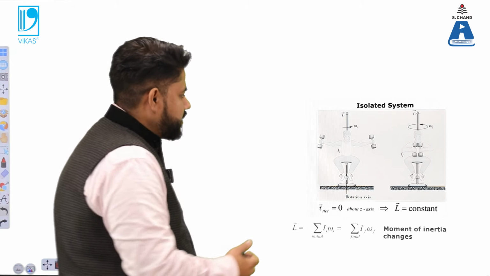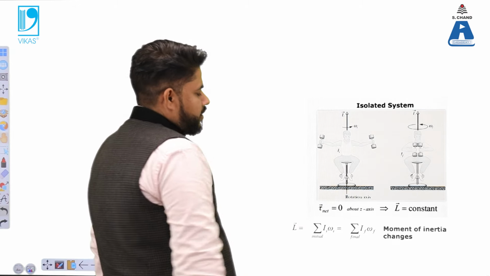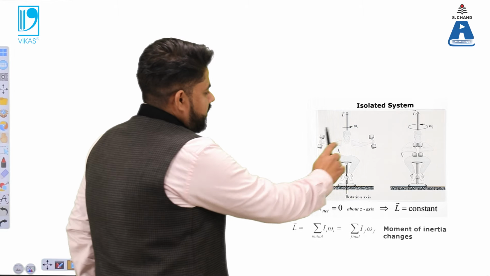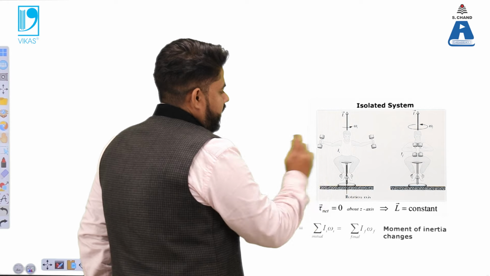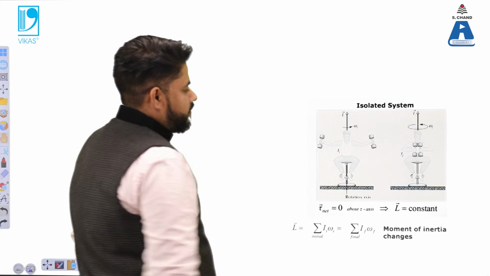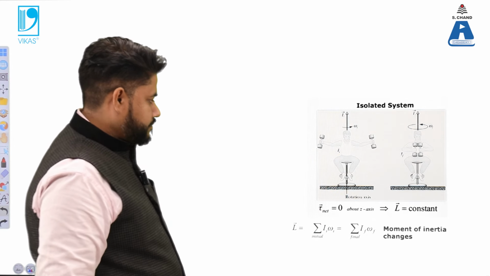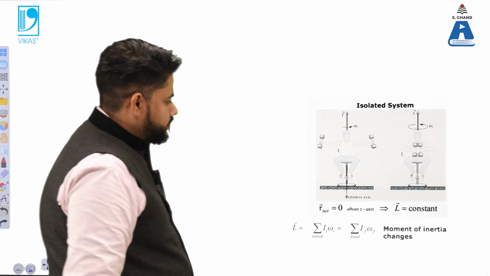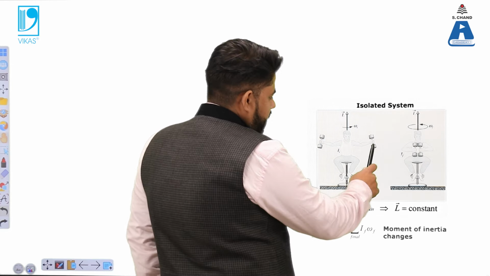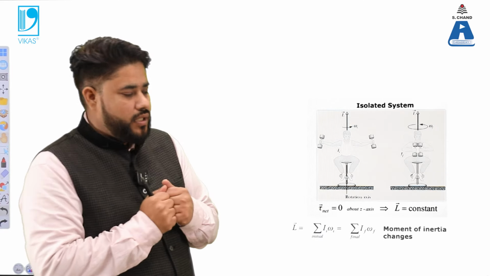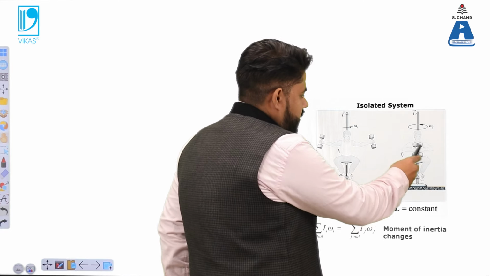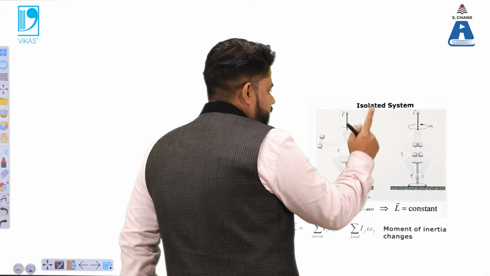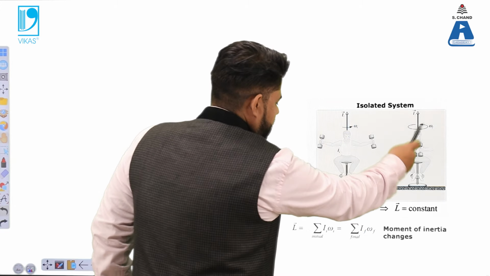Let's say this person is sitting on a bench with certain weights in his hands, and is rotating continuously with some angular velocity, and has certain angular momentum. Then what happens when that person takes those weights towards this side? The speed increases. The speed with which that person is rotating is increased.